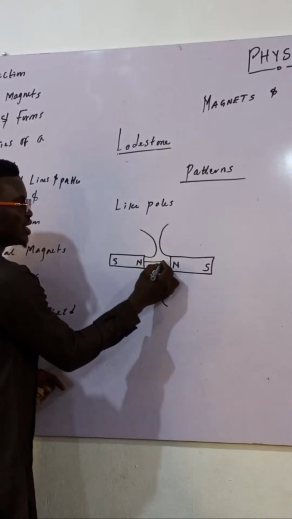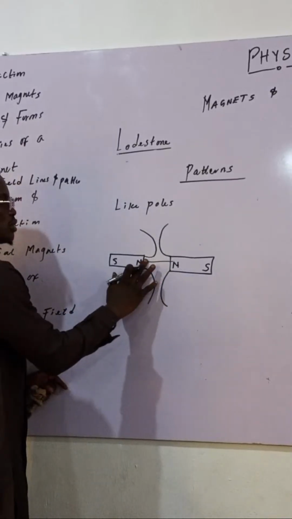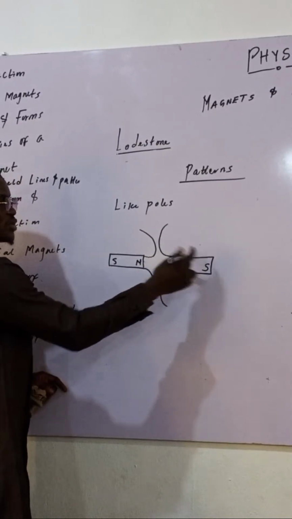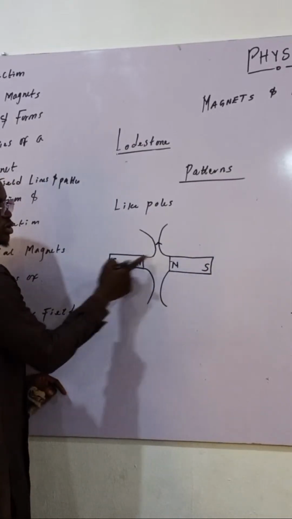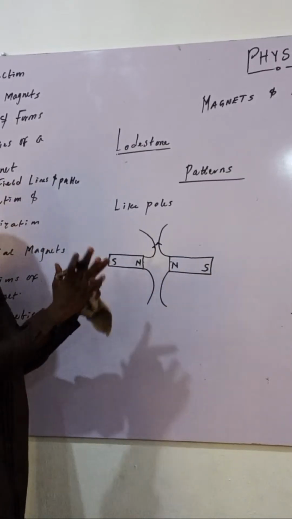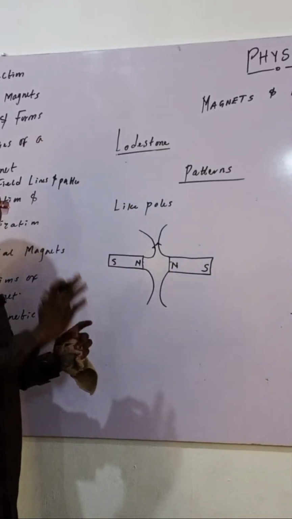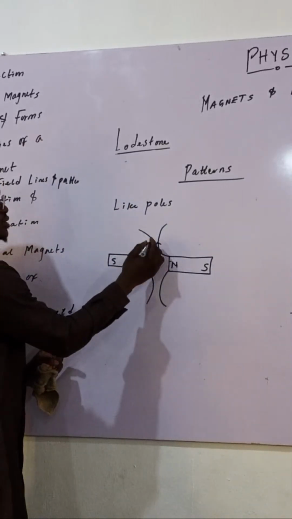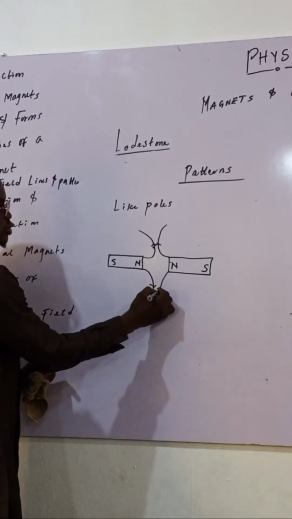So it will never run like this, no. Because of this north, this one is coming this way, this one is also coming this way. So when they meet, they repel, they don't cross. That's why when I start giving you the properties, you will see. So they go this way.